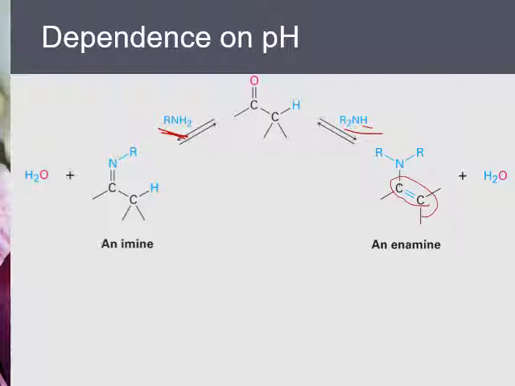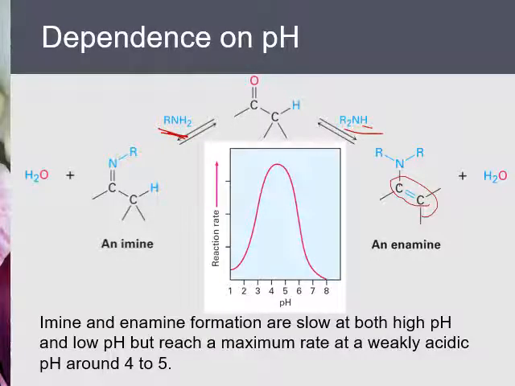Okay, because both reactions are catalyzed by acid, the pH value has an important effect on the reaction rate. If the pH value is too high, then the solution becomes too basic. There's no acid to catalyze the reaction. Reaction must be slow.